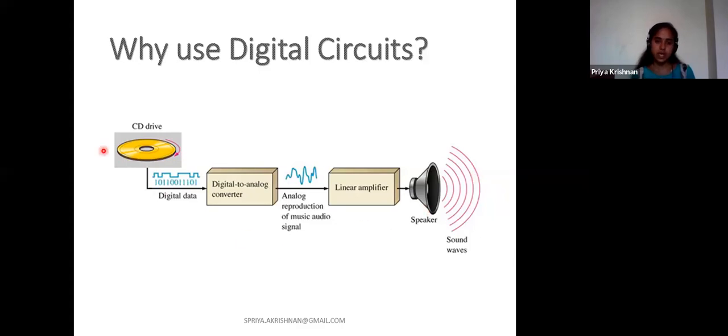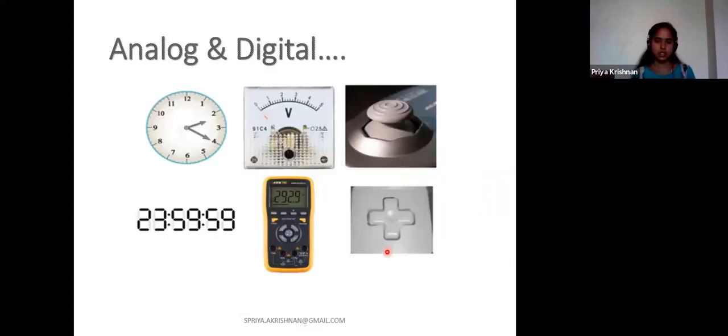But to save it, I have to change it back to ones and zeros. Whenever you download a signal, it is saved in ones and zeros. That's why we need digital circuits.